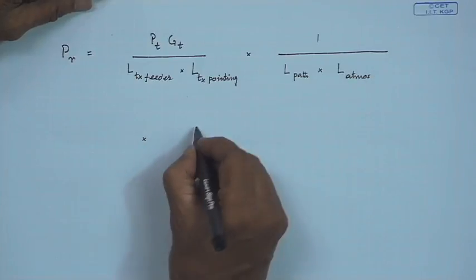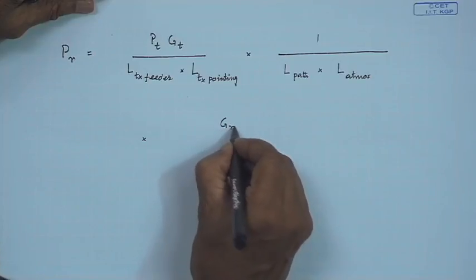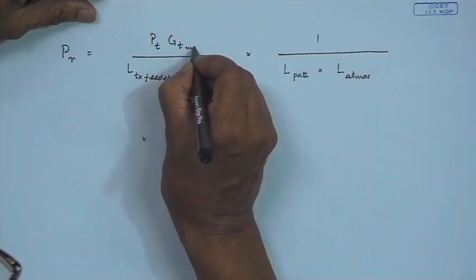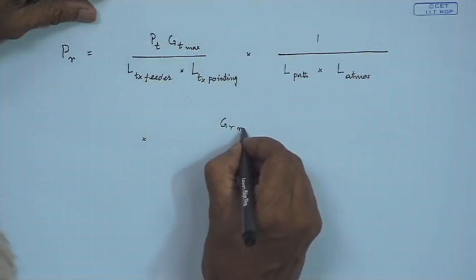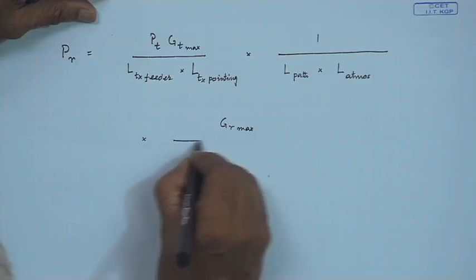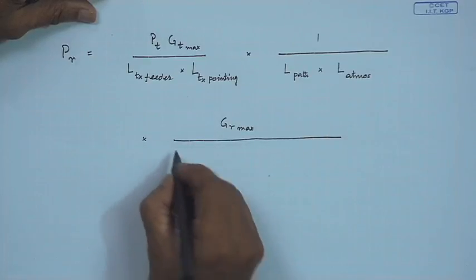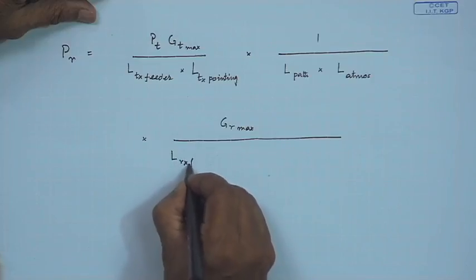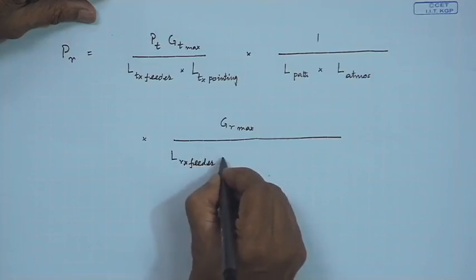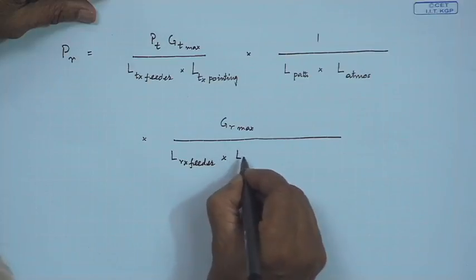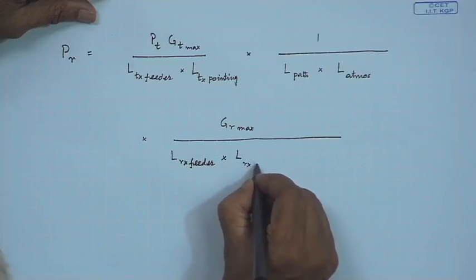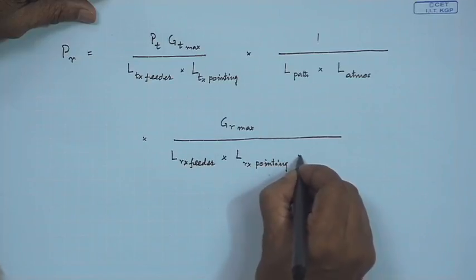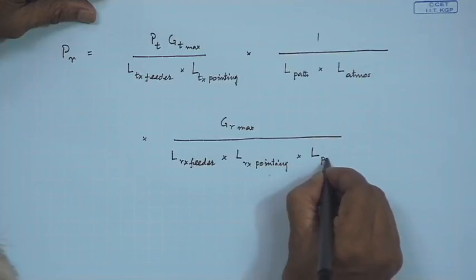and then we have the receiver where the receive antenna comes into picture, and we are assuming that GT is max and GR is also max, that is, the bore side value we will take, and then there is a loss due to receive feeder, then loss due to receive antenna pointing, then there is a loss due to polarization.